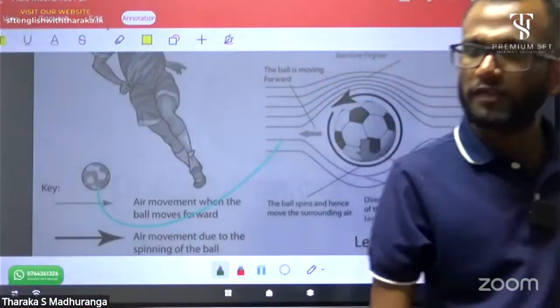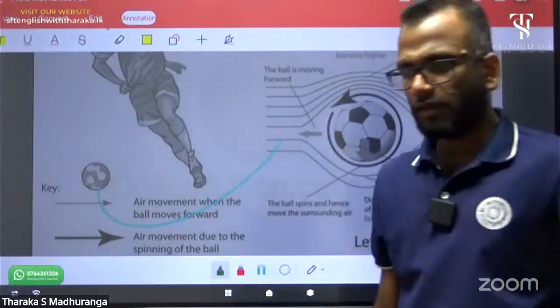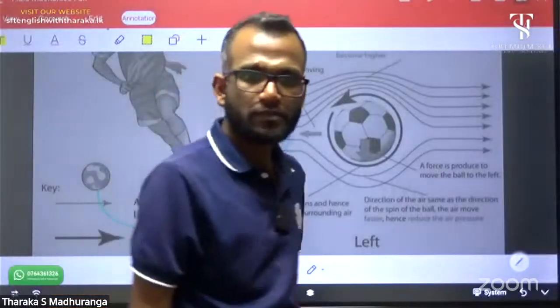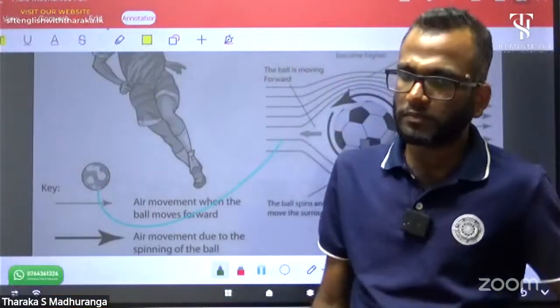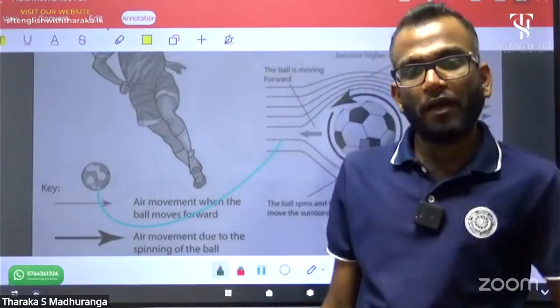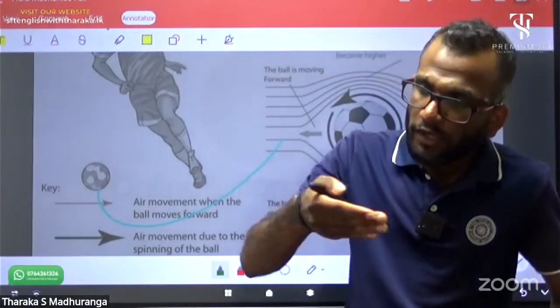You have seen, Joel? It's flowing in a curved path, right? How is it flowing in a curved path?